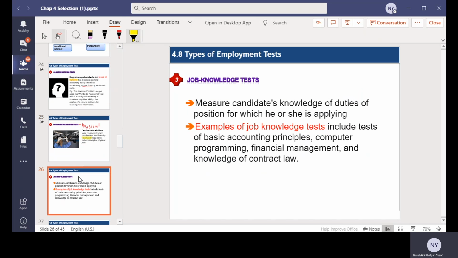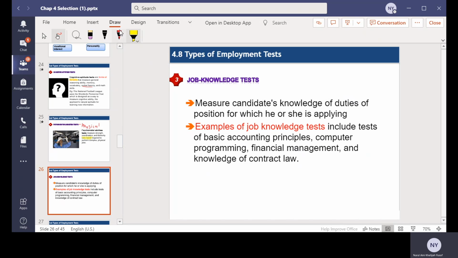The third one is the job knowledge test, and this is the most common type of employment test that companies will use. This one measures the candidate's knowledge of the duties of the position for which he or she is applying. Examples of job knowledge tests include tests of basic accounting principles, computer programming, financial management, and knowledge of contract law.